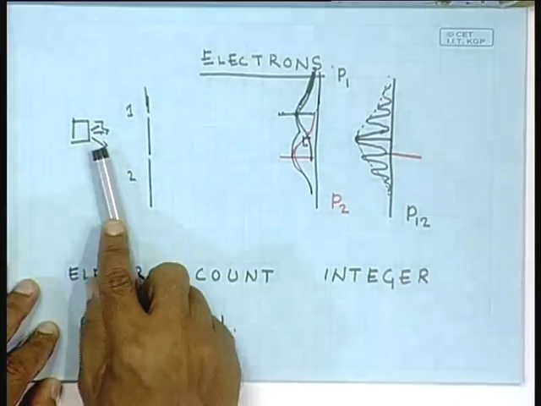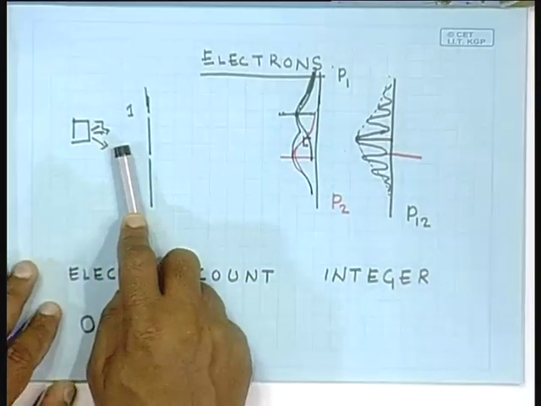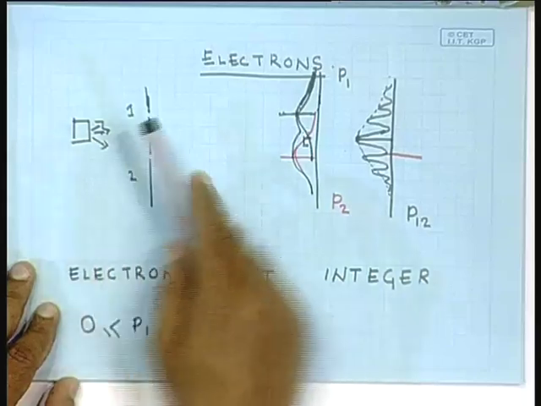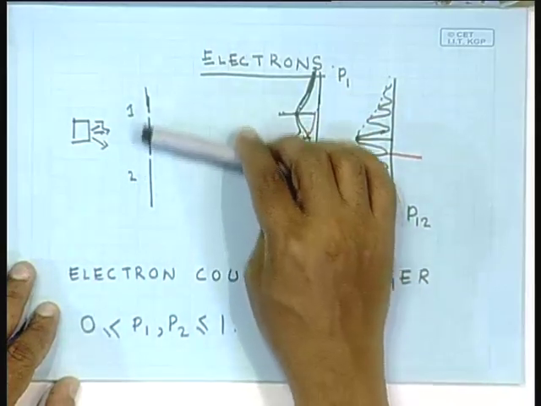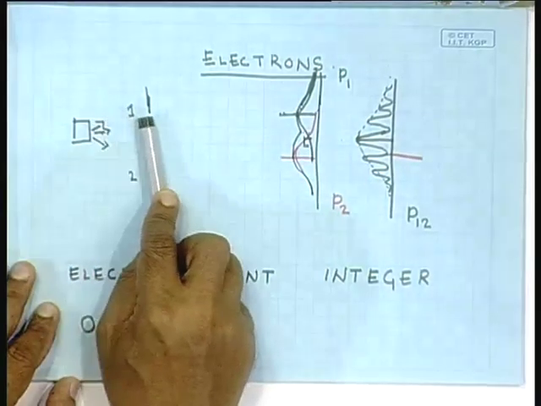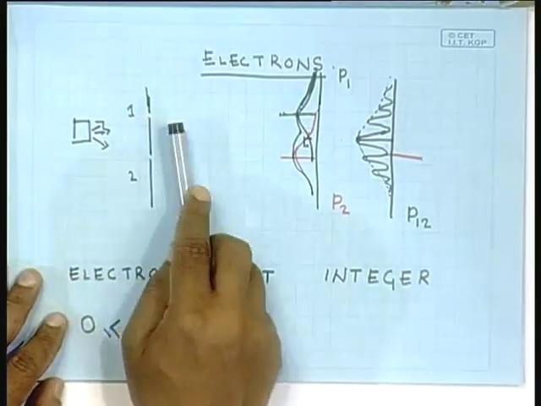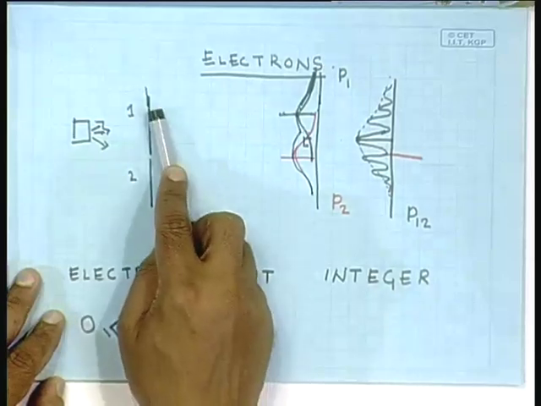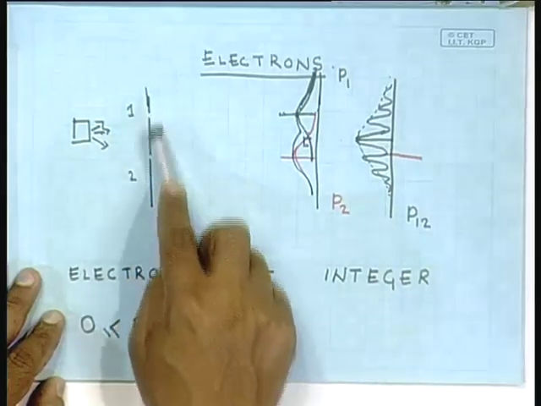Now, when a wave is incident on two slits, we have already discussed this, the part of the wave which is on the slits will pass through, and this will act as secondary sources.